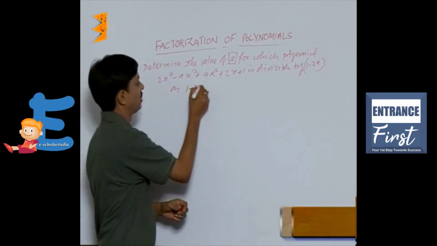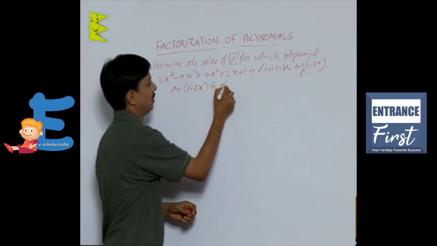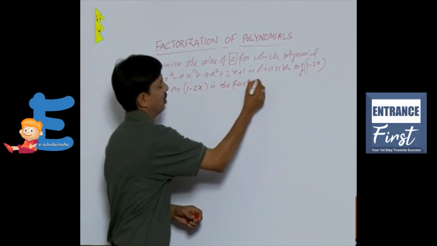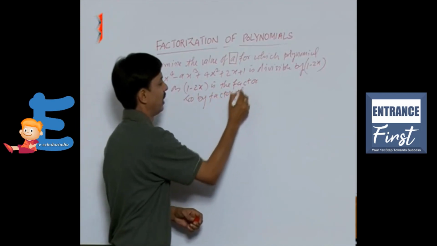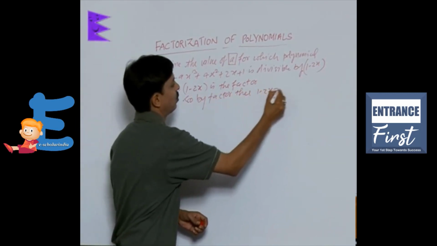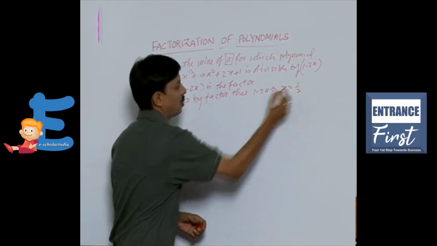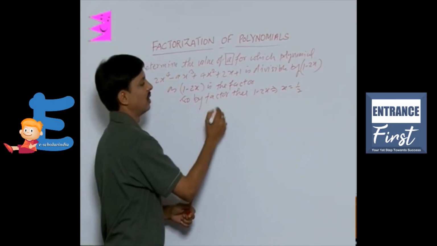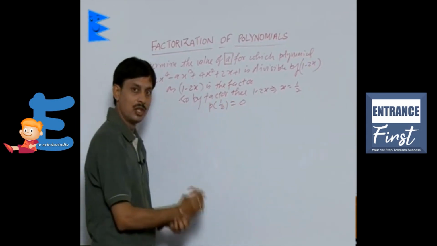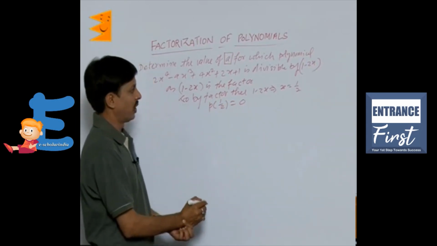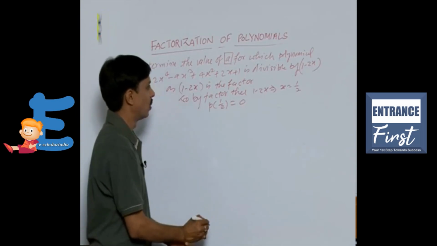As 1 minus 2x is a factor, so by the factor theorem, 1 minus 2x implies x equal to half. Meaning of this is that p of half in the polynomial will be 0. That is, the remainder by putting x equal to half has to be 0.